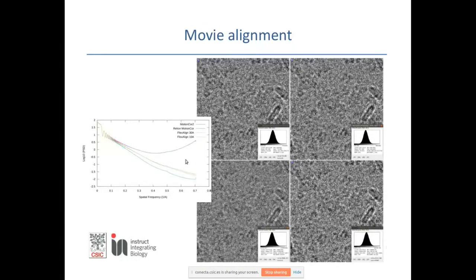And for the others, for instance these two, there are two that are almost one on top of the other. These are the two from FlexAlign, and this is RELION's Motioncor. They all start with the same energy, but then at some point RELION's Motioncor is attenuating more, even if it has a kind of kink here, and it is attenuating the high frequencies more.